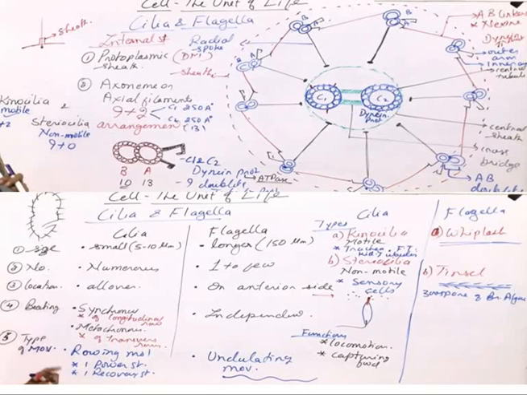Cilia has two types, one is motile type and another is non-motile. Motile are found on the surface of the body of animals, on any other tissue surface you can see.